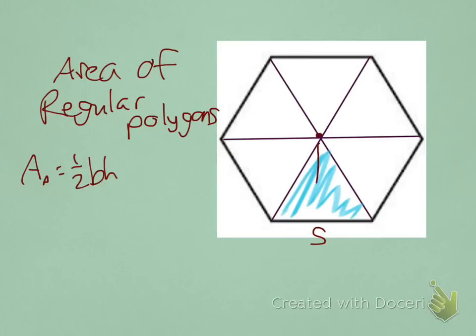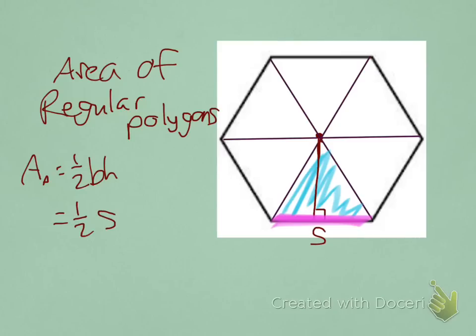So if I draw the height there, it goes from the center to the side length, and it meets at 90 degrees, okay? So the base of this triangle, I'm going to highlight in pink here, is just S, right? So I'm going to write this as 1/2 S.